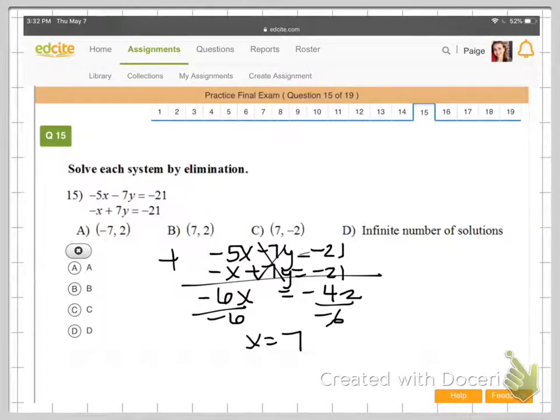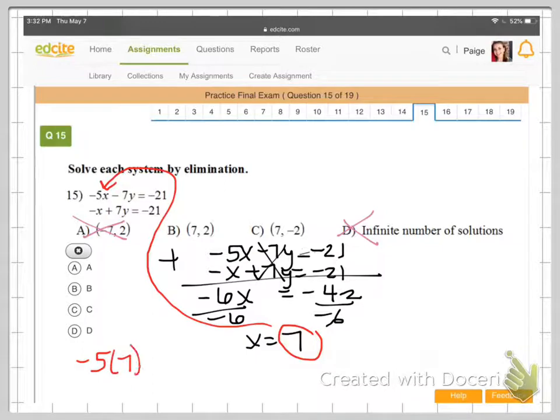Okay, so again, process of elimination, let's see. That makes A gone. And that makes D gone. So we're between B and C. So let's take that 7 and plug it back in for x so we can find what y is. So I have negative 5 times 7 minus 7y equals negative 21.